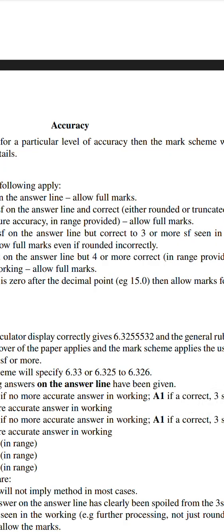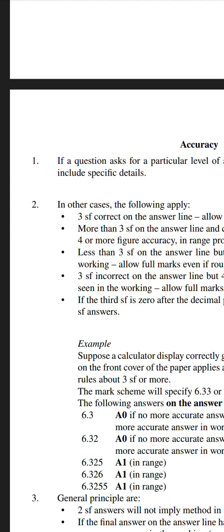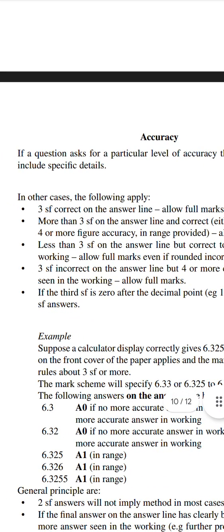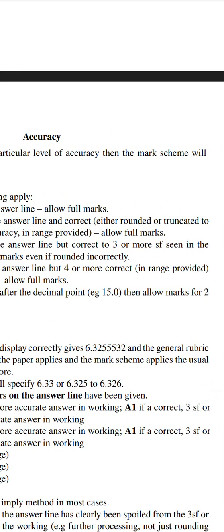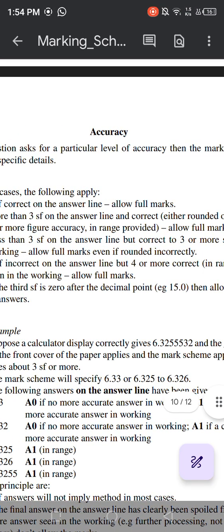In the February March 2026 paper I wasn't sure how to write the speed, if I should round it or not, and I just wrote all the digits I got on the calculator. That will still be allowed because it says 4 or more figure accuracy in the range provided. In a marking scheme there is a range, and if the number you submitted is within the range, it will be accepted.